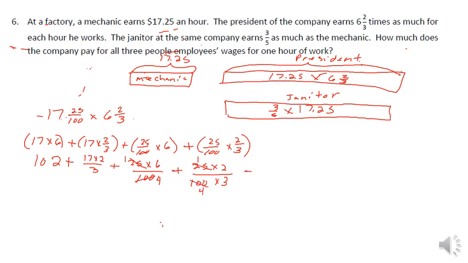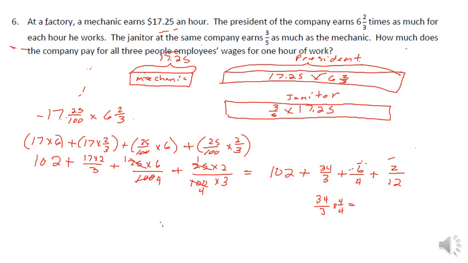So now when we rewrite this, we have 102 plus, and let's go ahead and simplify it. 17 times 2 is going to be 34 thirds, plus 1 times 6 is 6/4, plus on the other one we got 2/12. So now we have to add all these together, and we can see that we can turn them into 12ths. And I can do that by multiplying 34 thirds by 4/4.